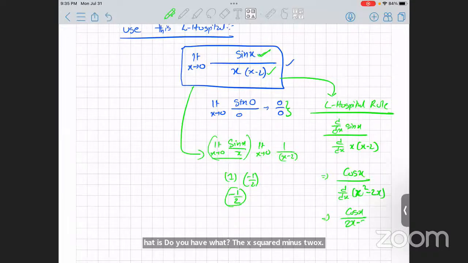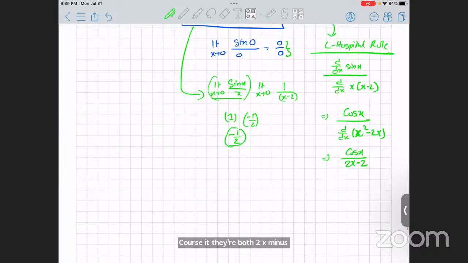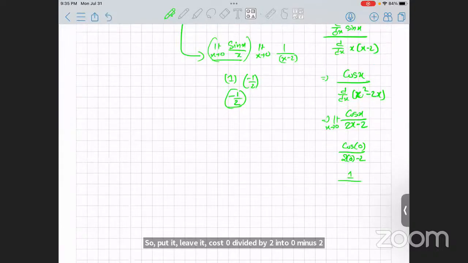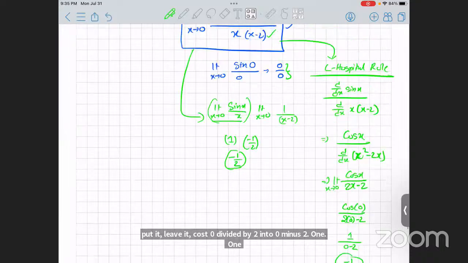So put limit x tends to 0: cos 0 divided by 2 into 0 minus 2, which is 1 by minus 2, minus 1 by 2.